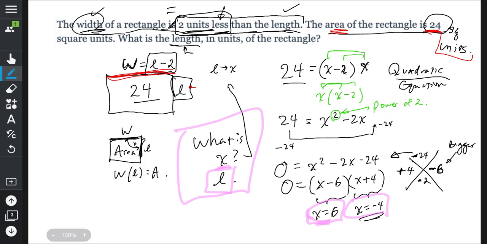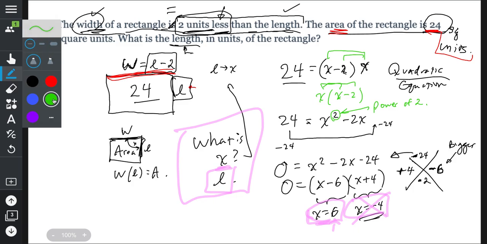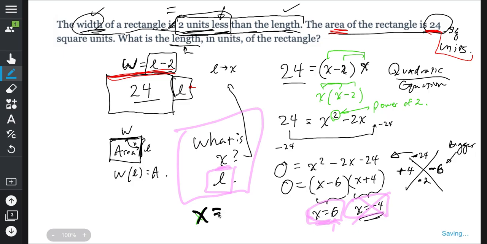You can't have a negative length. So you're going to choose the positive one. So what is X? Answer. X equals 6. In other words, L equals 6.